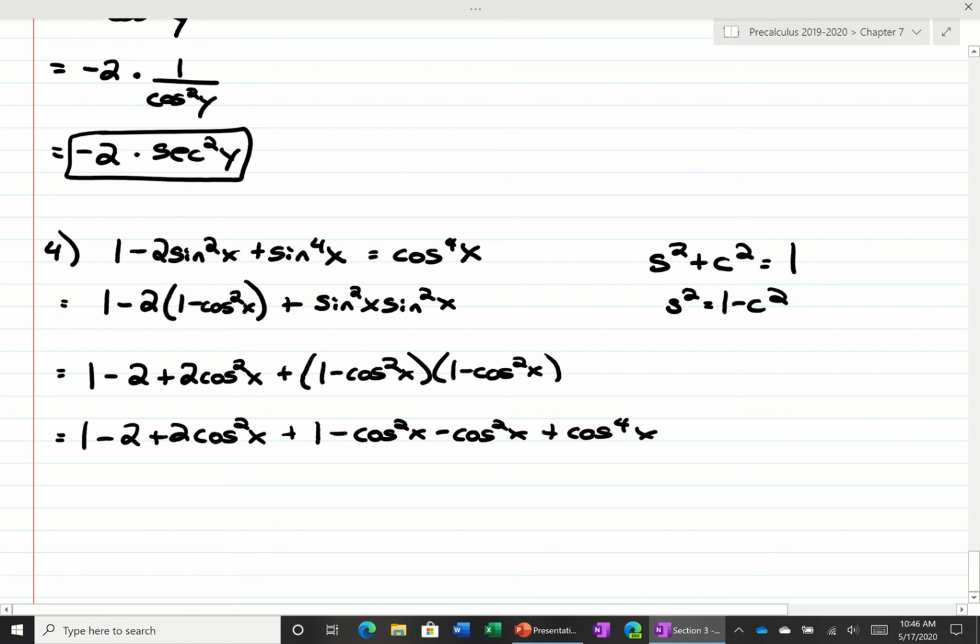We wanted cosine to the 4th. We get 1 minus 2 is negative 1, plus 1 would cancel. So these constants are all gone. 2 cosine squared minus cosine squared minus cosine squared, well, these would all cancel. And you just wind up with cosine to the 4th of x.